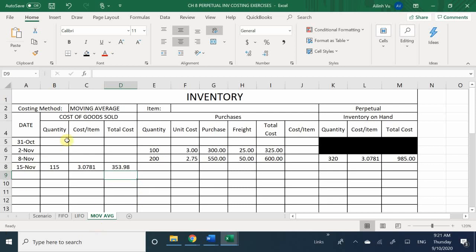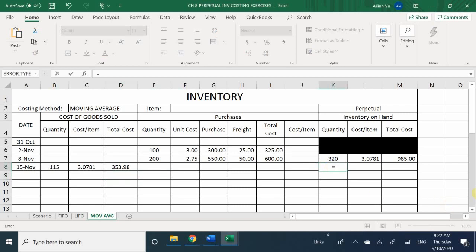So now we need to go ahead and transfer these two pieces of information over into this right here. So in this case, I know I'm supposed to have 320, but I'm going to subtract the 115, right? To get my grand total 205.